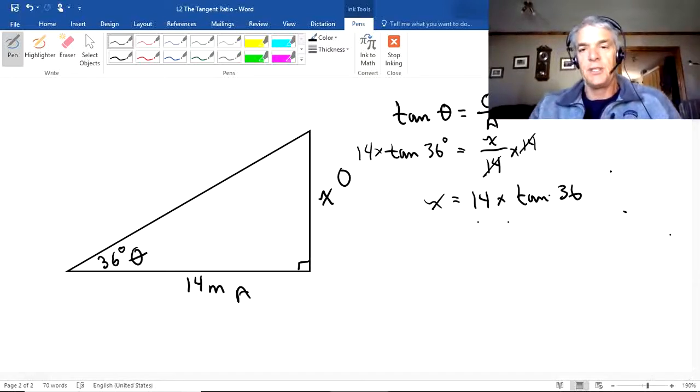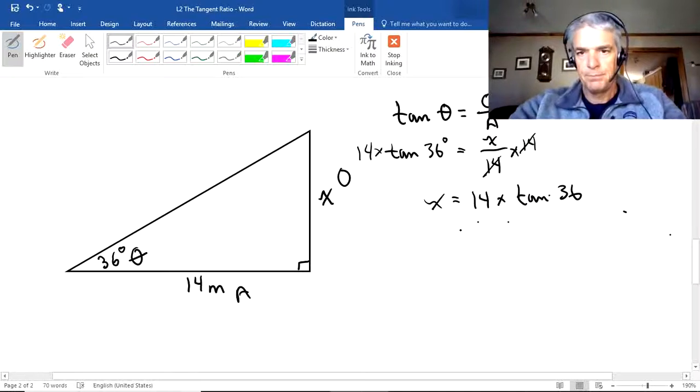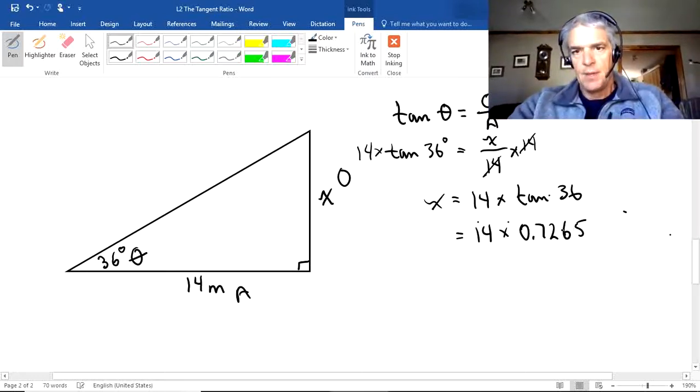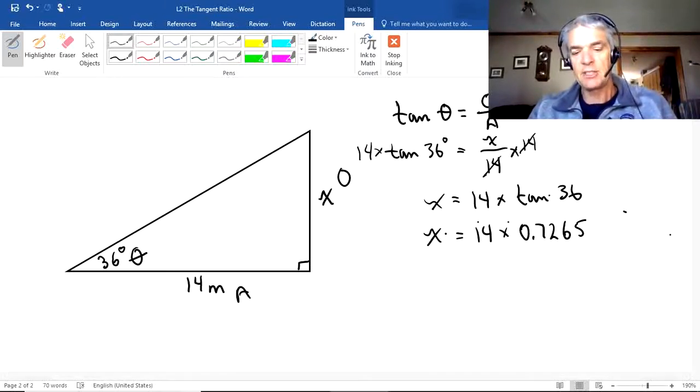I can do this by looking up tan 36 again, which I believe was 0.7265, times 14, and that's what x equals. Or I can use my trusty calculator. Either way, it's going to come out to the exact same answer, 14 times tan 36.